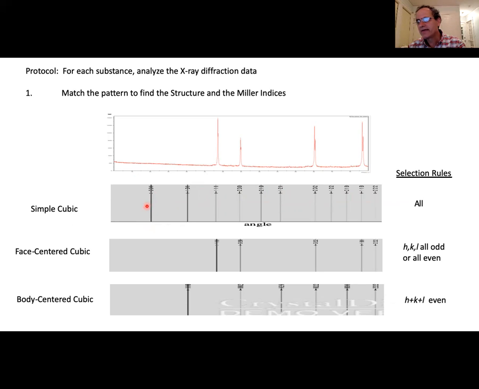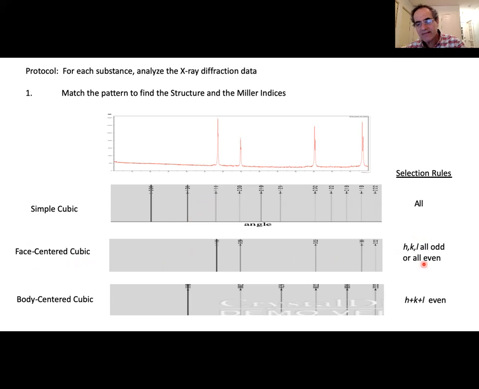On the other hand, if it's face-centered cubic, well, it's still a cubic type. So we're still dealing with the same lines, but for face-centered cubic, there's an additional selection rule. And that's that we only see lines where H, K, and L are either all odd or all even.